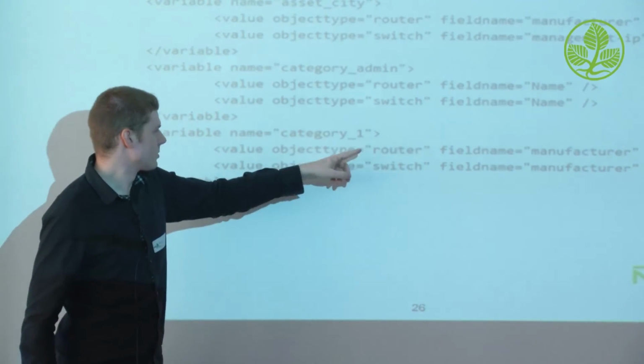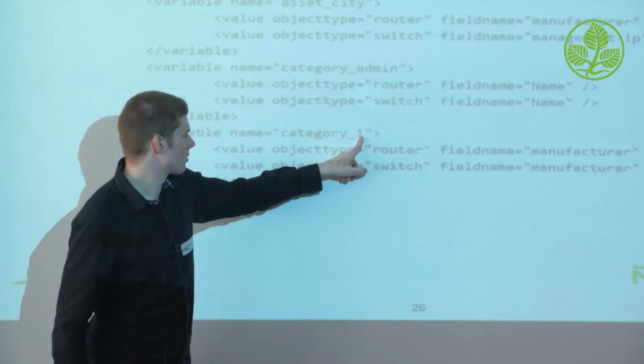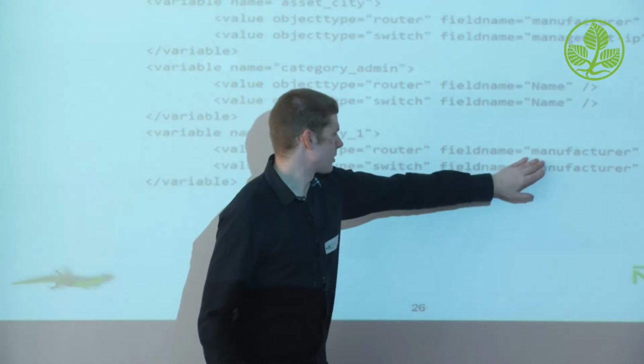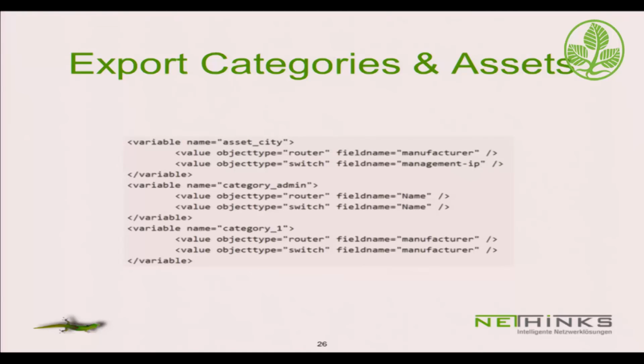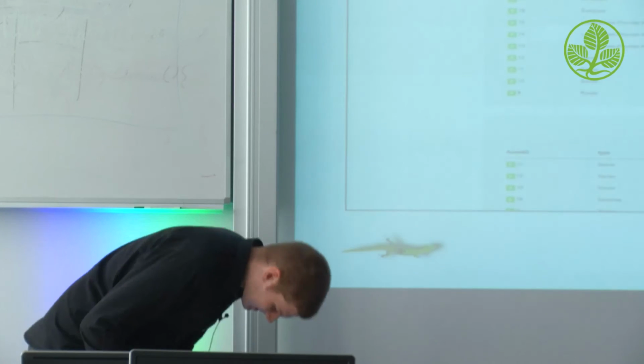Or you can simply use the content of a field as category name. For example, if you use manufacturer, when you have a Cisco device, it creates a category called Cisco. So that's the theory. I hope it works. Now I show you that in practice.